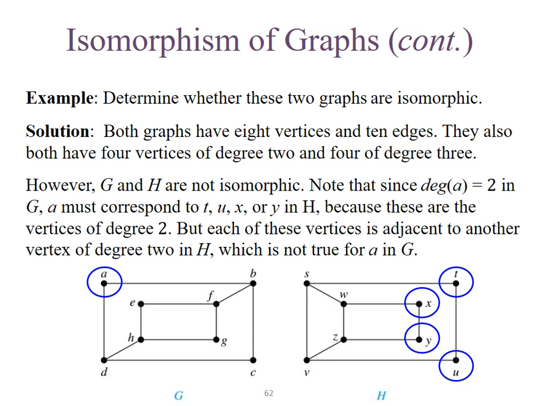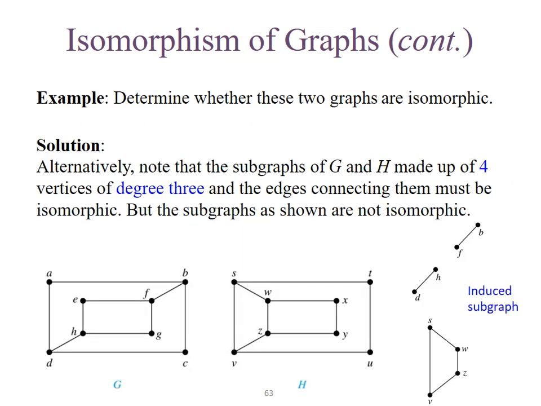But in this case, we have the large rectangle, the middle rectangle, but we cannot establish a third rectangle to match WZS. Okay, so maybe you can have a lot of different observations to help you discover if these two graphs are isomorphic or not.